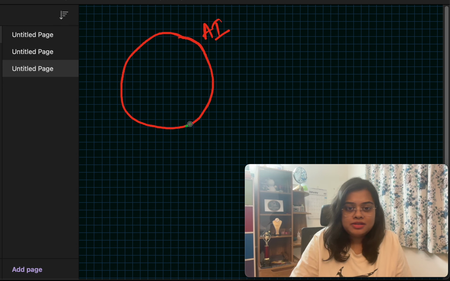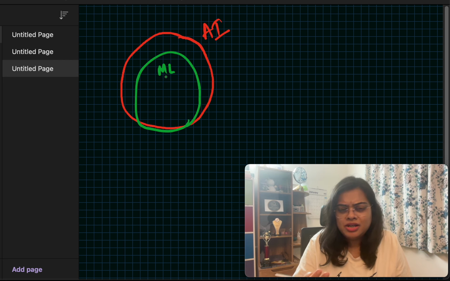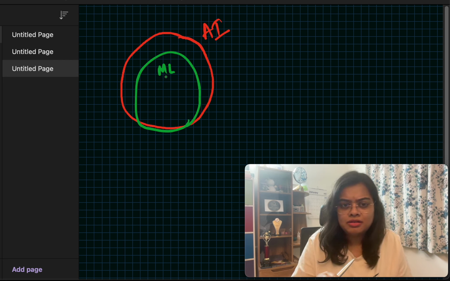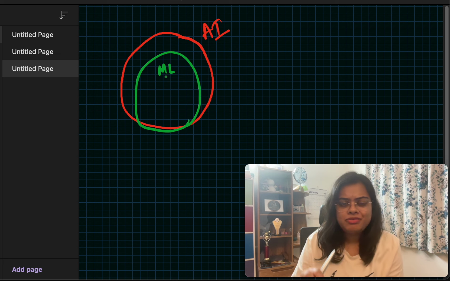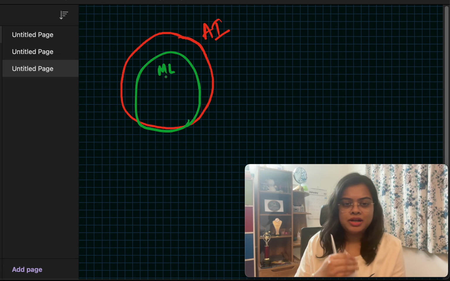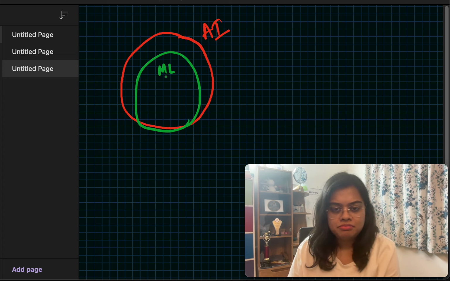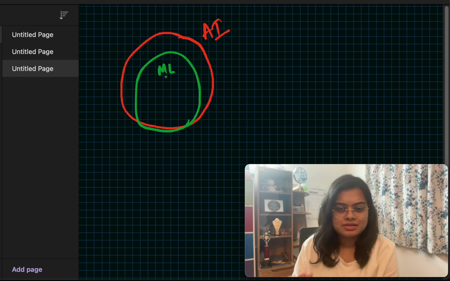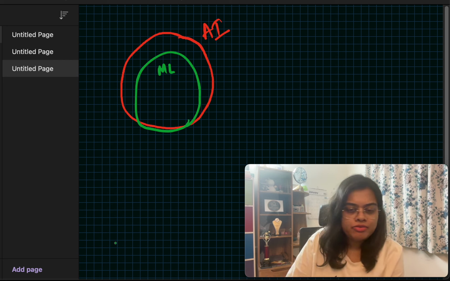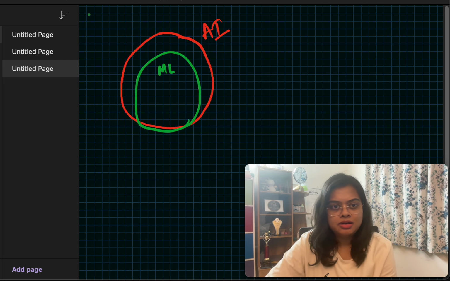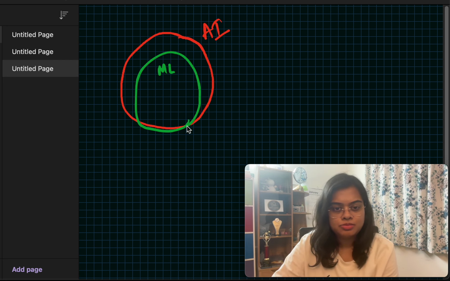Within AI, there is a subset which is called machine learning. Machine learning, when we refer to it in the industry, generally refers to structured data. AI, when we refer to it, generally refers to things related to your unstructured data, like image processing, natural language processing, text analytics, etc. However, they can be used in any way, and of course these are interchangeable.